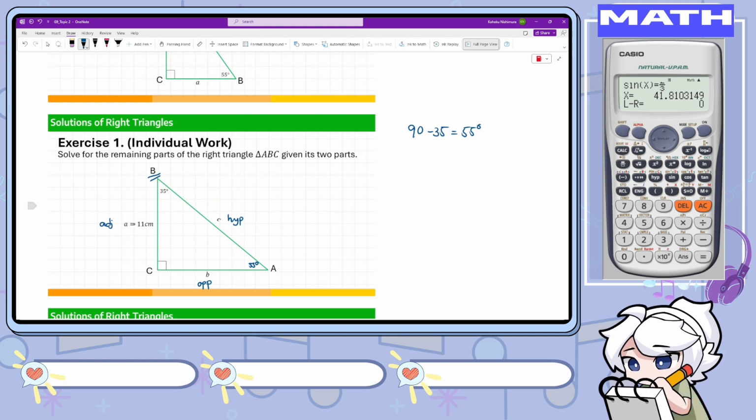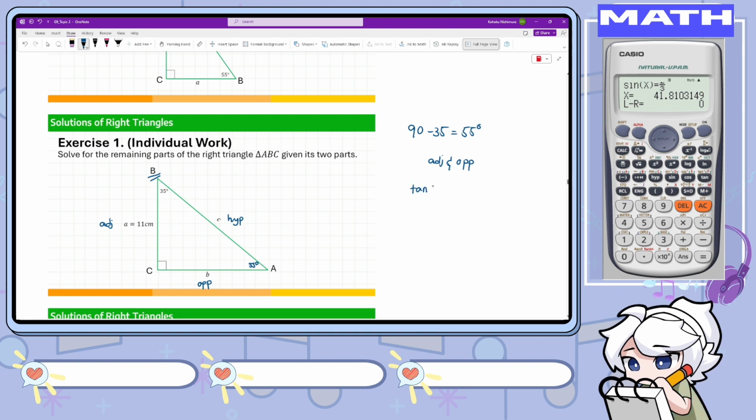now, let's just refer to this. I want to solve for opposite again first. What is the trigonometric ratio wherein adjacent again and opposite is mentioned at the same time? Exactly, that is tangent. So let's use tangent.